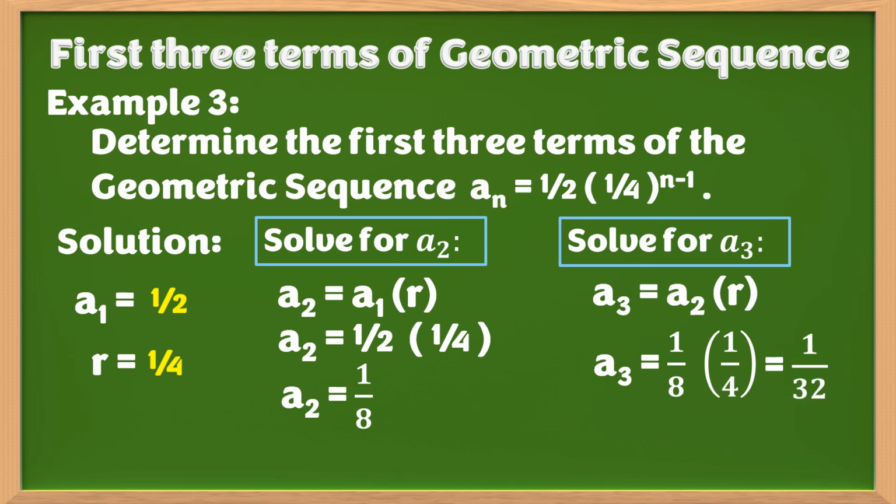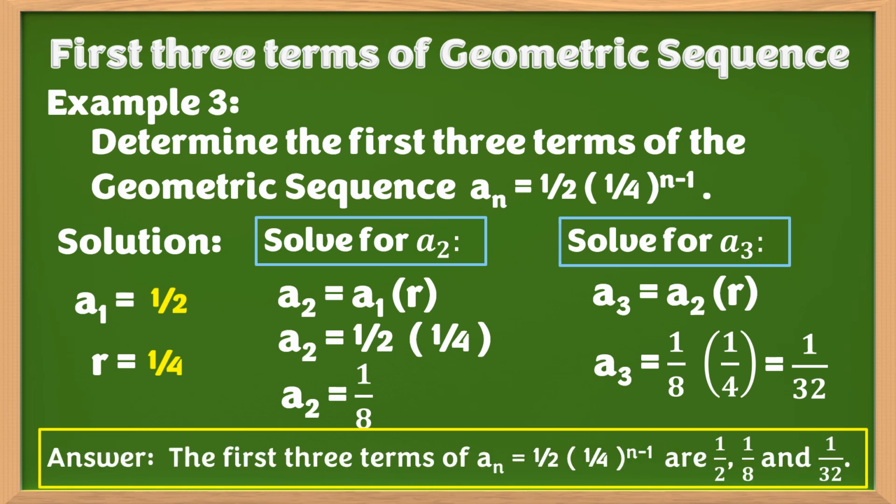So a sub 3 now is equal to 1/32. So therefore, the first three terms of the geometric sequence a sub n equals 1/2 times 1/4 raised to n minus 1 are 1/2, 1/8, and 1/32.